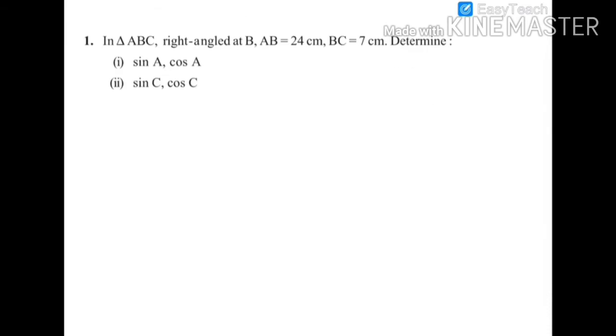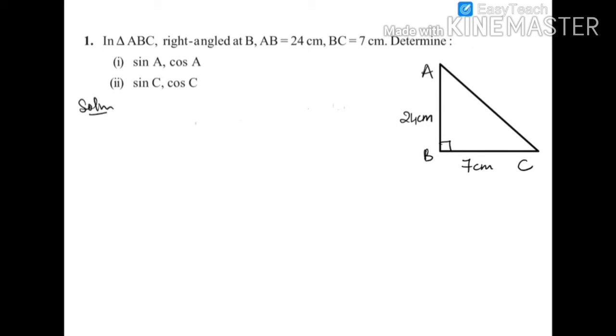Let's answer the first question of this exercise. In triangle ABC, right angled at B. AB is 24 centimeters and BC is 7 centimeters. Determine the given ratios. Since we know two sides of this triangle, we can use Pythagoras theorem to find out the third side.